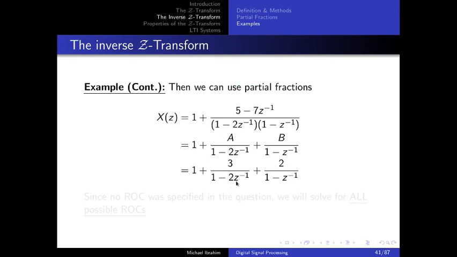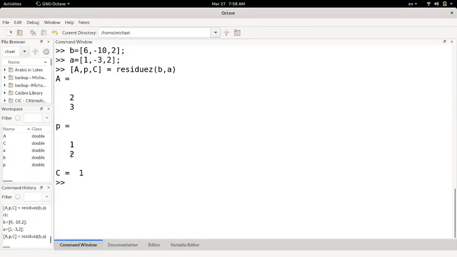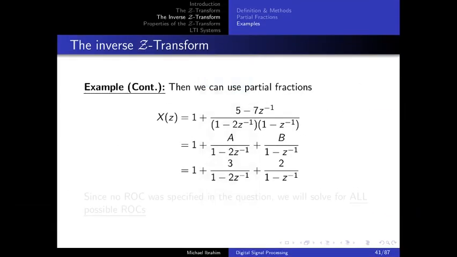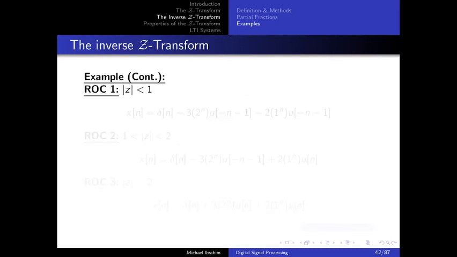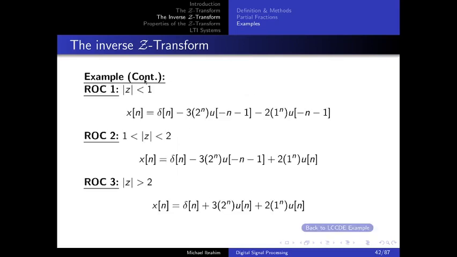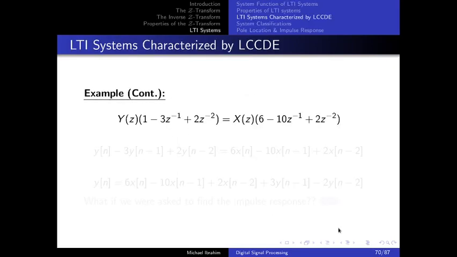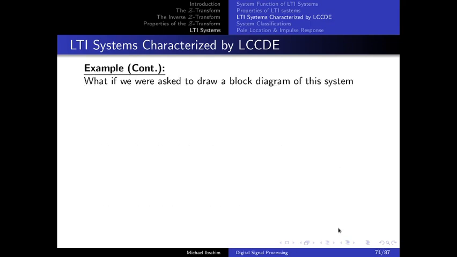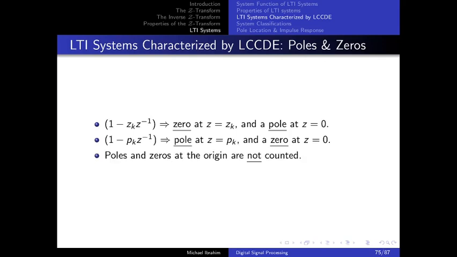And the pole 2 has a constant equal to 3. So the command residue z can actually be used to do the long division and the partial fraction. So you can use it to double check all of your solutions when it comes to computing the partial fraction and long division.